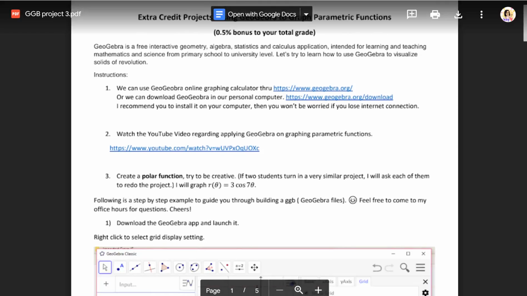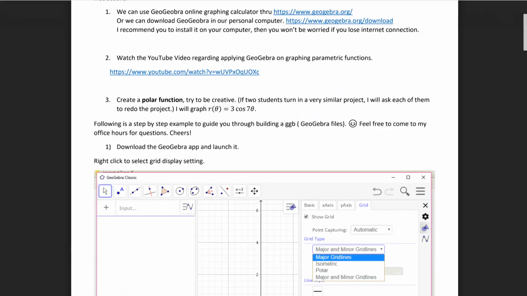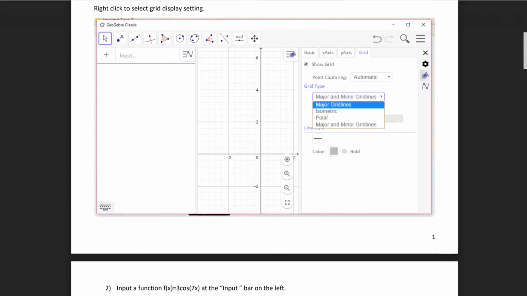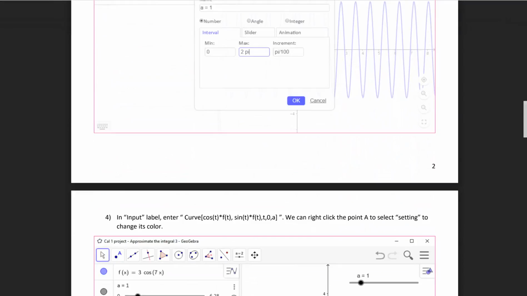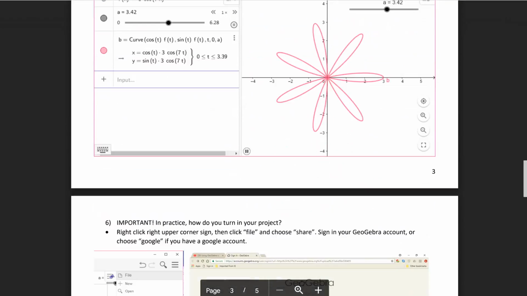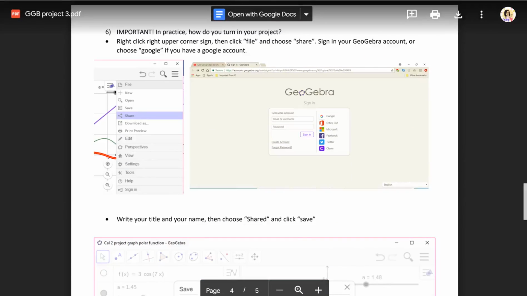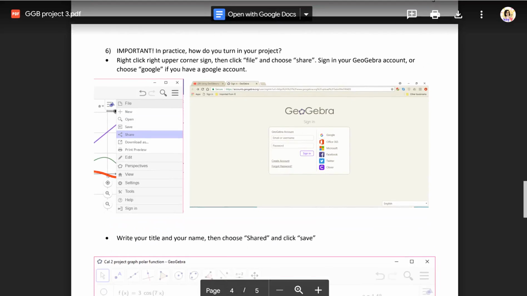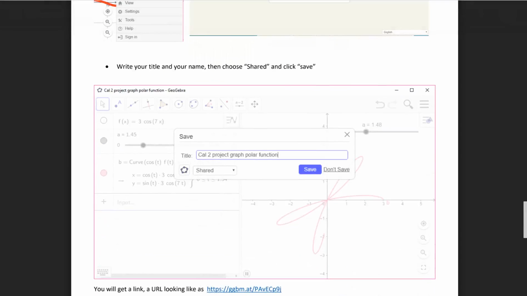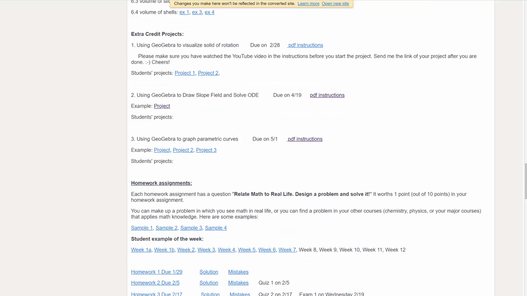You can download GeoGebra or use the online GeoGebra calculator. Watch this YouTube video, and I provide screenshots of each step showing how to plot the parametric curve. This is a very easy project. After you're done, please share your project publicly, generate a link, and email me the link, and you will get 0.5% extra credit.